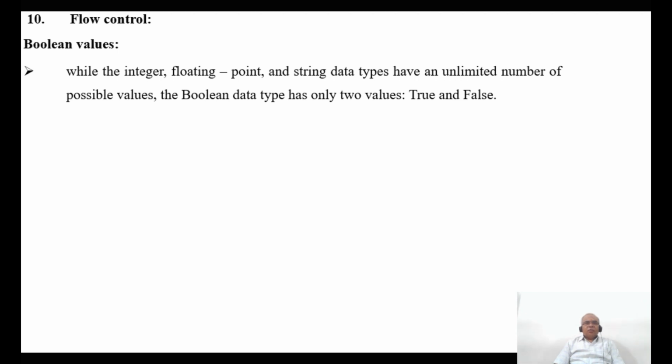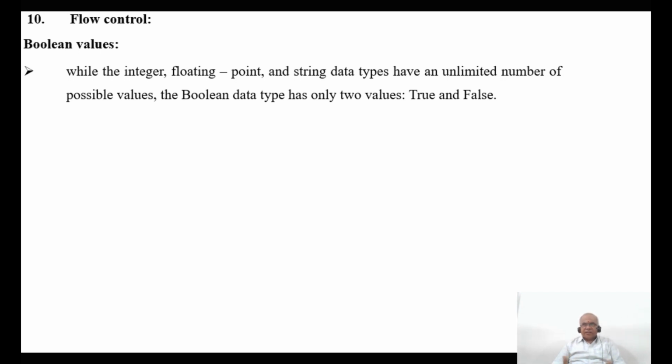The integer, floating point, and string data types have an unlimited number of possible values, whereas the Boolean value will always have only two: true and false. So what does it mean?